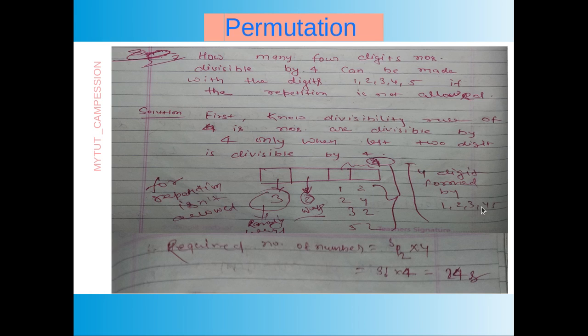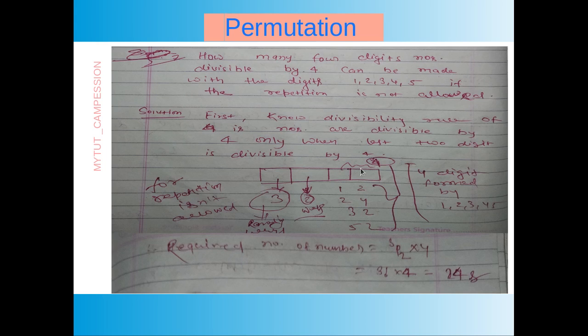Similarly 2, 1: not possible; 2, 3: not possible; 2, 4: possible; 2, 5: not possible. 3, 1: not possible; 3, 2: possible; 3, 4 and 3, 5: not possible. 4, 1, 4, 2, 4, 3, 4, 5: not possible. 5, 1: not possible; 5, 2: possible; 5, 3, 5, 4: not possible. So there are only 4 possibilities for the last two digits to make it divisible by 4.